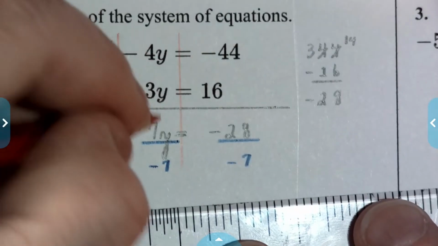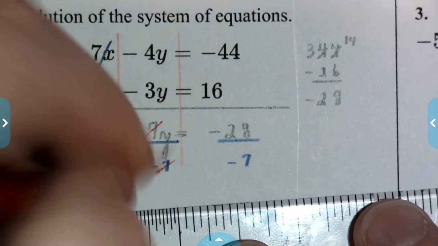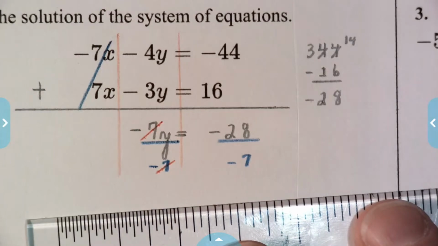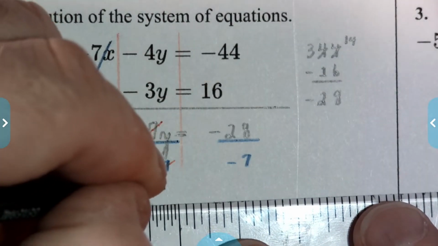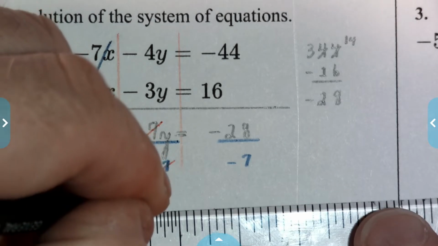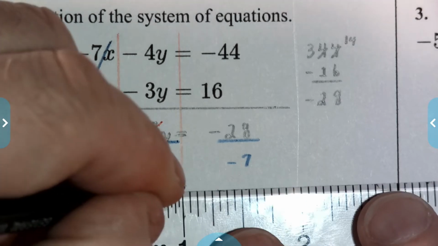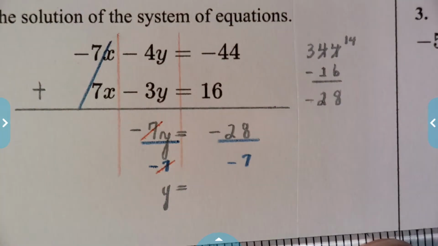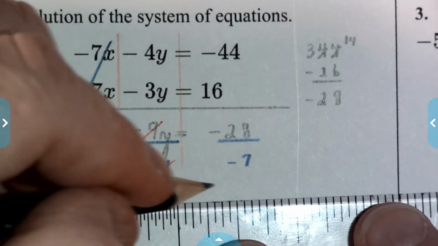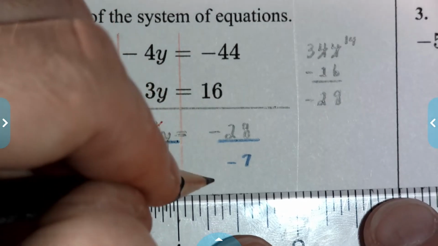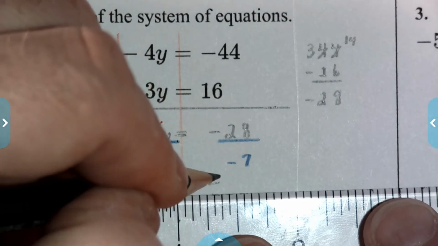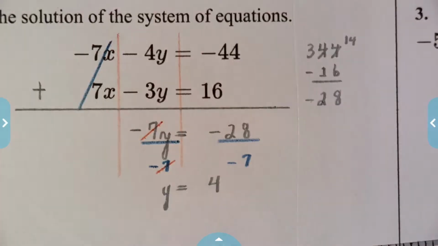Well, because now I can cancel out these negative 7s on the left, leaving y by itself, and y will equal negative 28 divided by negative 7, which, negative divided by negative is a positive. 28 divided by 7 is 4. Therefore, y equals 4.